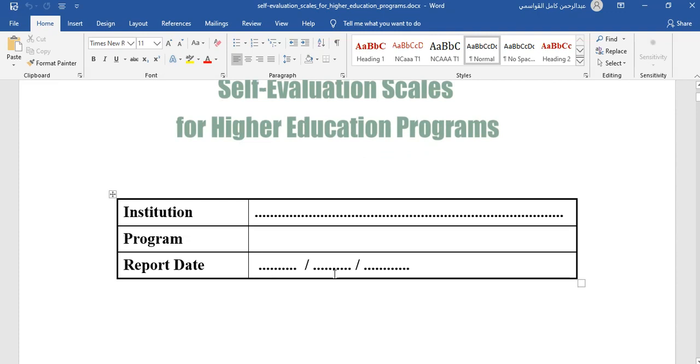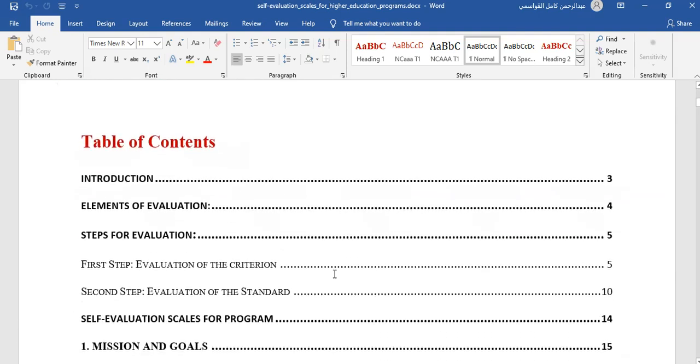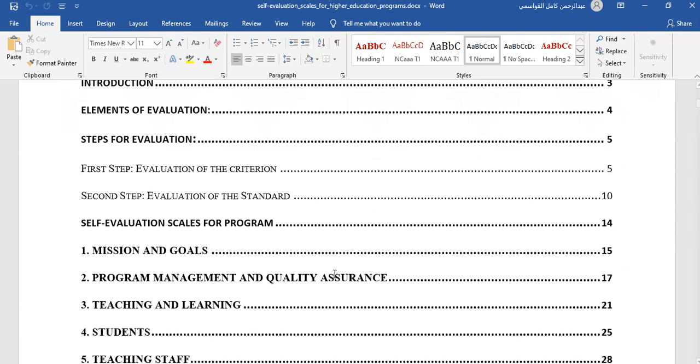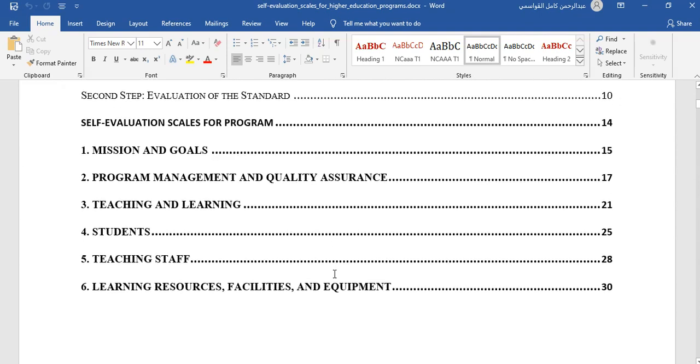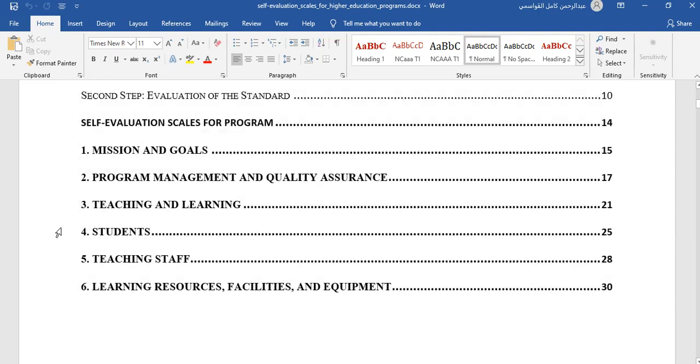These self-evaluation scales should be filled by committees formed in the department, and these committees are formed based on the new NCAAA standards: mission and goals, program management and quality assurance, teaching and learning, students, teaching staff, learning resources, facilities, and equipment.